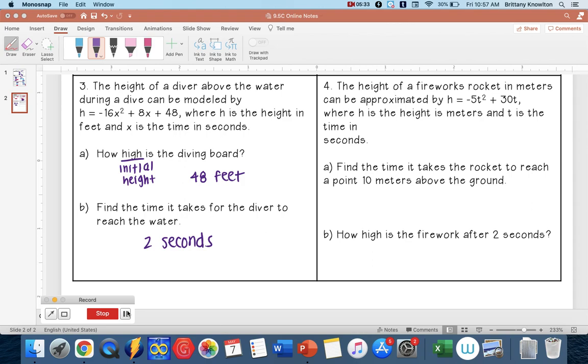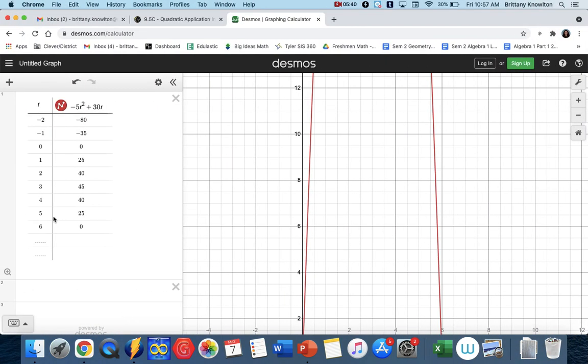Okay, so this first one was actually a little bit tricky. You want to find the time it takes the rocket to reach a point 10 meters above the ground. Here, if you do the table, I see that 10 never shows up over here. And if I look at the graph, I see when it's at 10, there's 2 options here. It's right here and right here. And I see that's not crossing an even line.